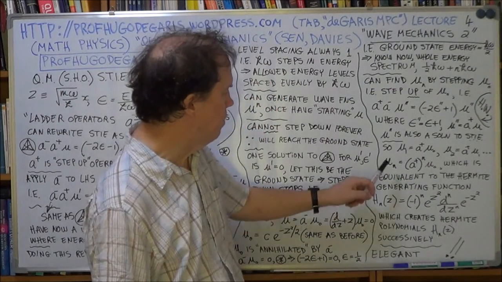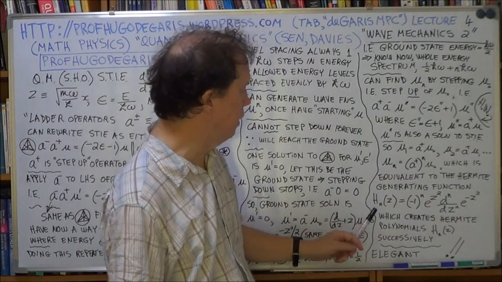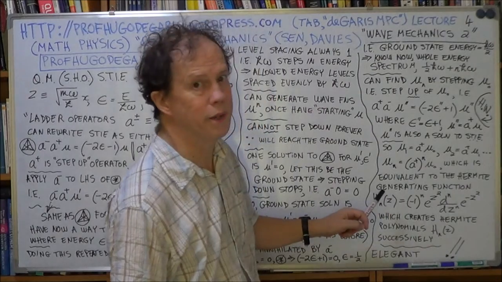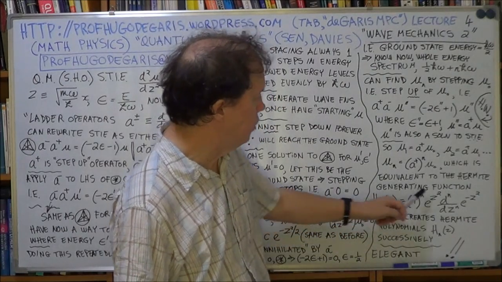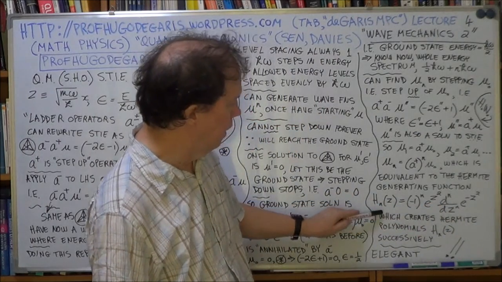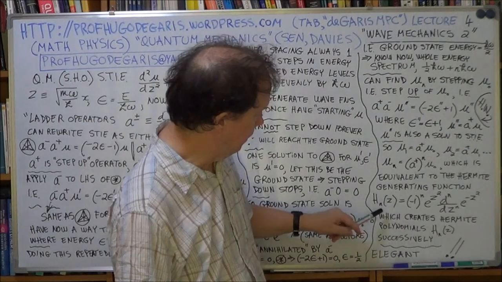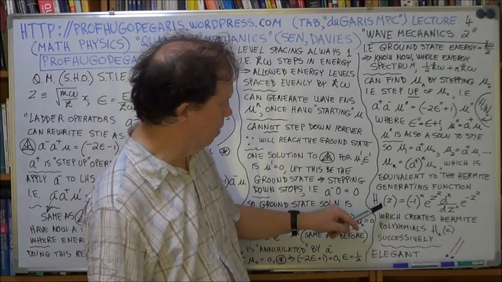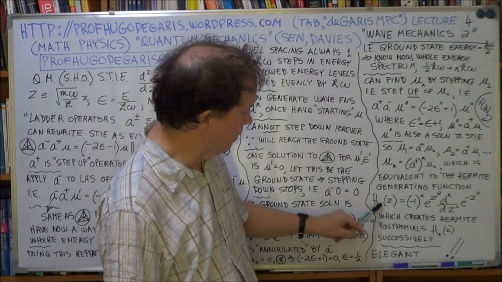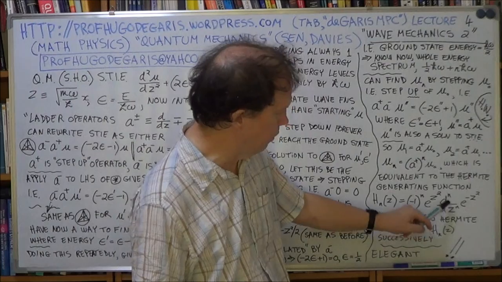This generating technique is equivalent to the Hermite generating function that we had from a previous session. It allows you to calculate the Hermite polynomials, Hn of z, by differentiating n times.